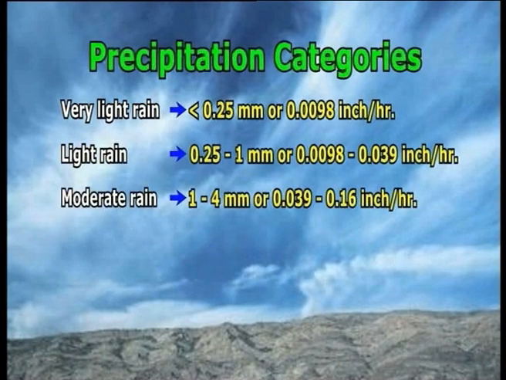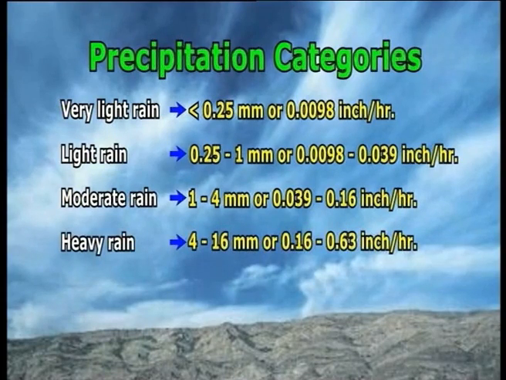Moderate rain describes rainfall with a precipitation rate of 1 millimeter or 0.039 inch to 4 millimeters or 0.16 inch per hour. Heavy rain describes rainfall with a precipitation rate between 4 millimeters or 0.16 inch and 16 millimeters or 0.63 inch per hour.